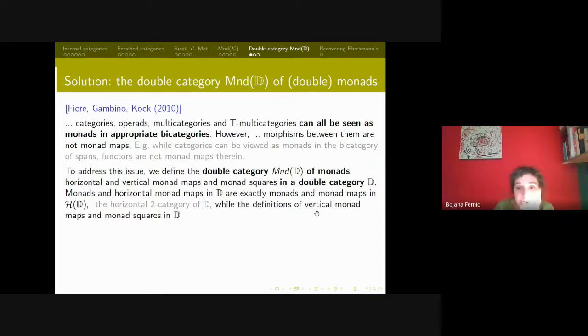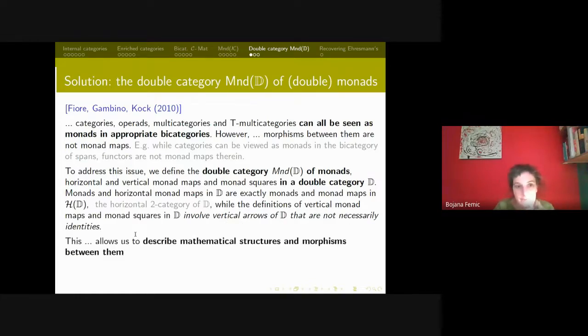While the definitions of vertical monad maps in this new double category and monad squares in D involve vertical arrows of D that are not necessarily identities. This allows us to describe mathematical structures and morphisms between them as monads and vertical monad maps in appropriate double categories.